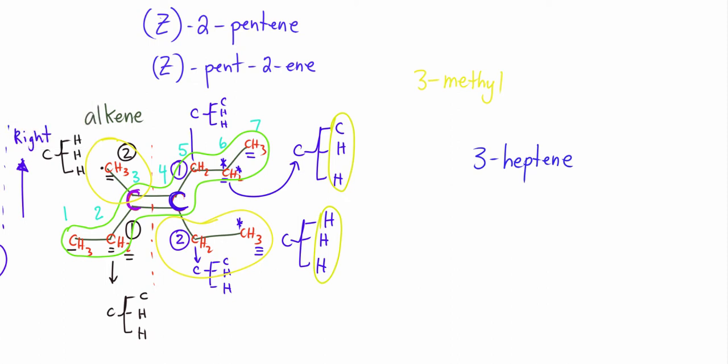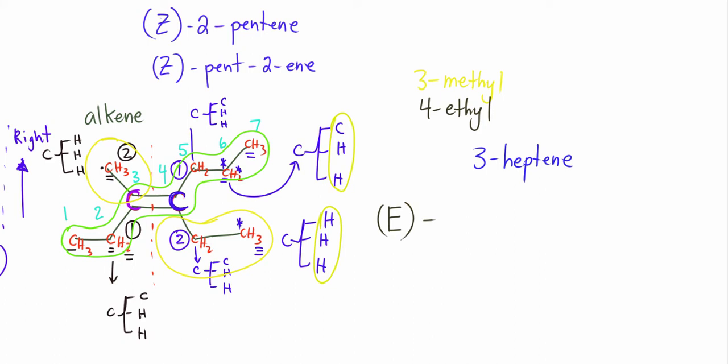On carbon 4, I have an ethyl. Okay, so we put these in alphabetical order like we did last time. We know the configuration is going to be E. And since we only have one double bond, we don't have to write the 3E. We can just say E. Some notations would write out the 3E.